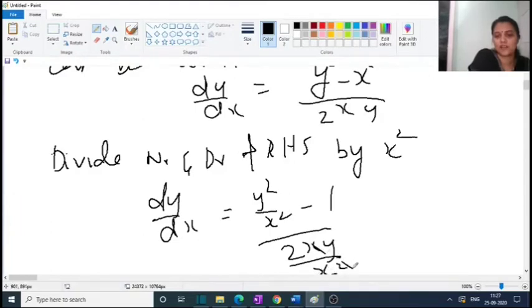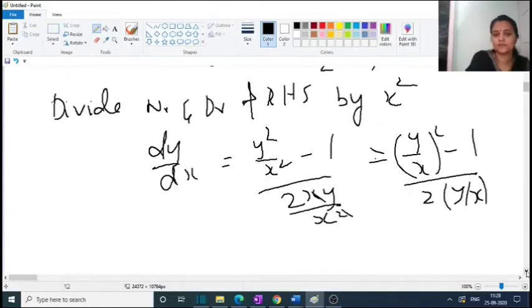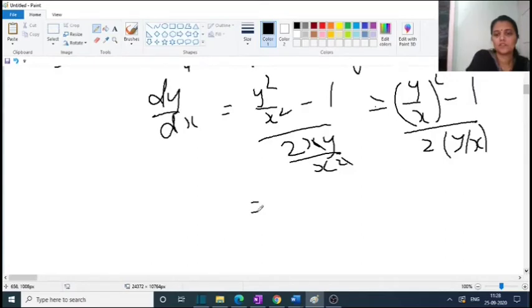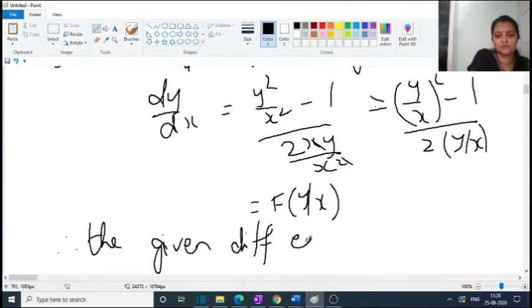So one x cancels, and this becomes y by x all square minus 1 by 2 into y by x. So this is some function of y by x. We could write this as a function of y by x. Therefore, the given differential equation is homogeneous.